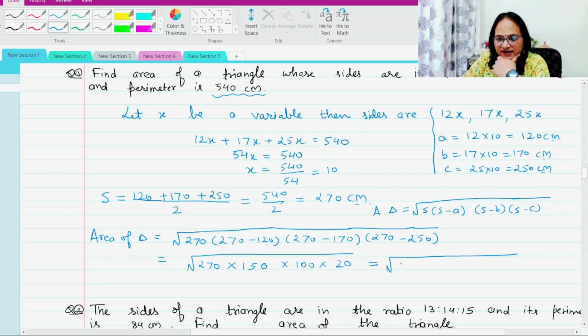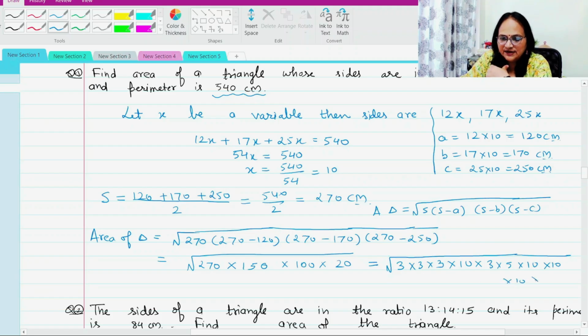So 270 can be written as 3 into 3 into 3 into 10. 150 can be written as 3 into 5 into 10. 100 can be written as 10 into 10.